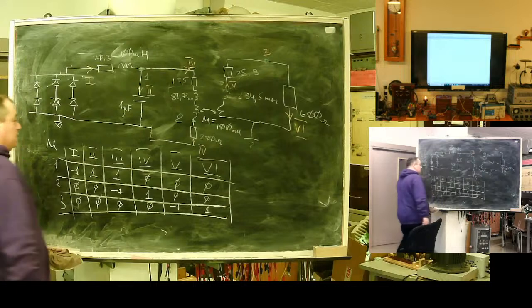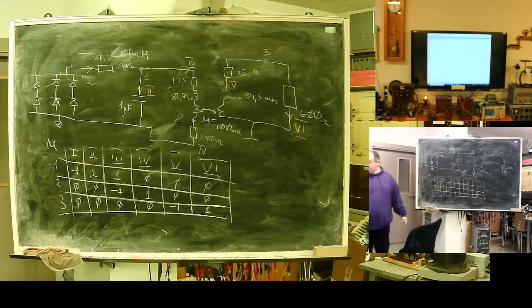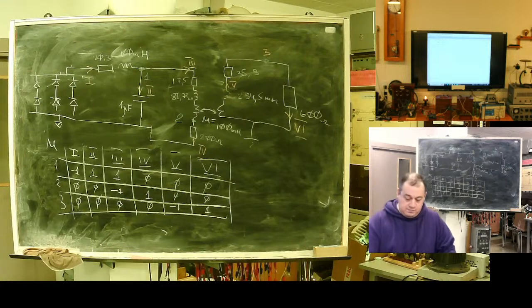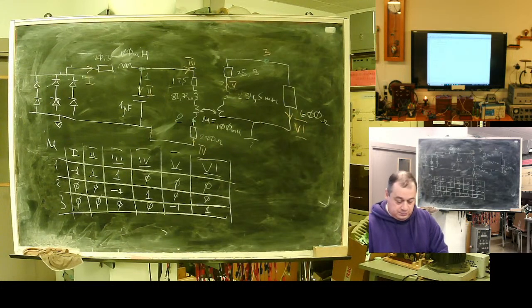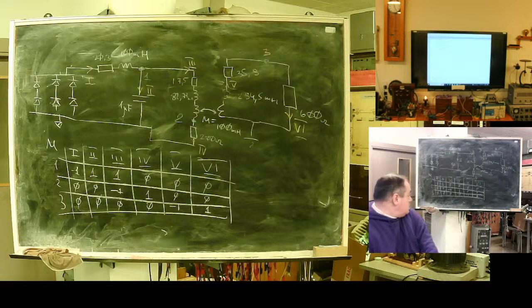Here is my first incidence matrix. I need to fill it. So it equals -1, 1, 1, 0, 0, 0.